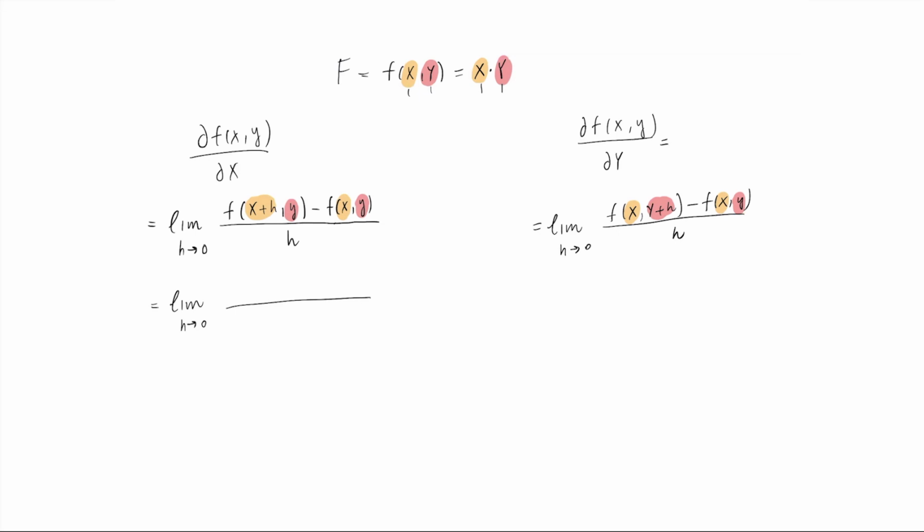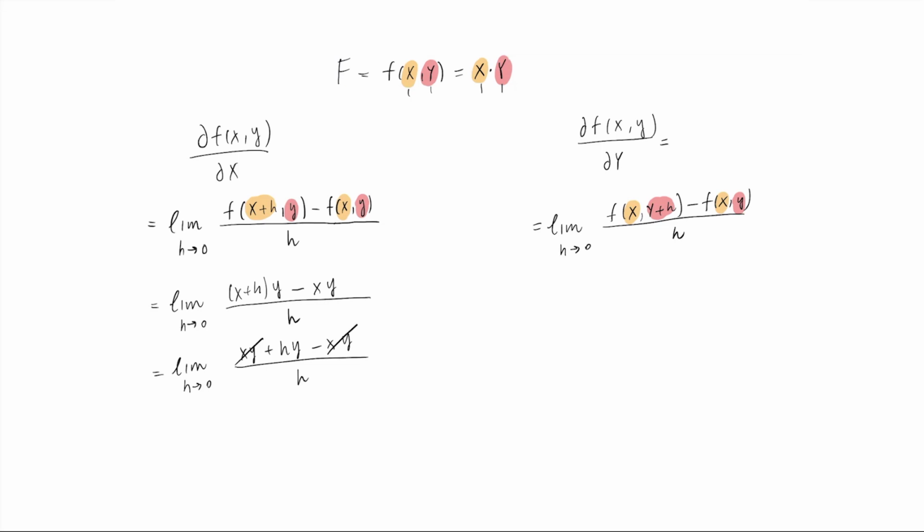So here we will have x plus h multiplied by y, minus x multiplied by y, divided by h. So what is this? This is xy plus hy minus xy over h. xy and xy cancel out.